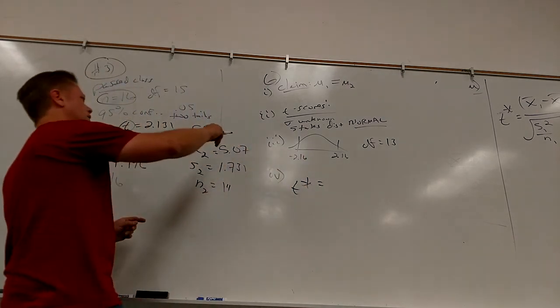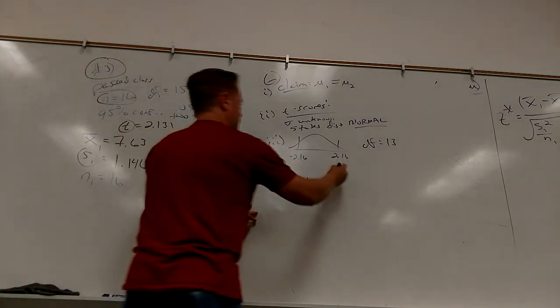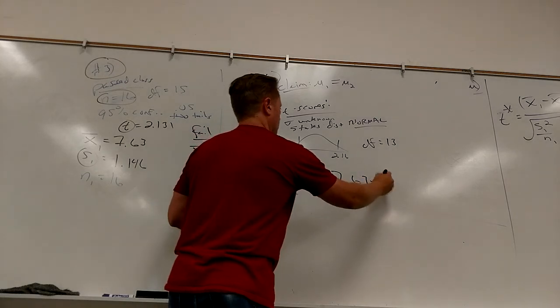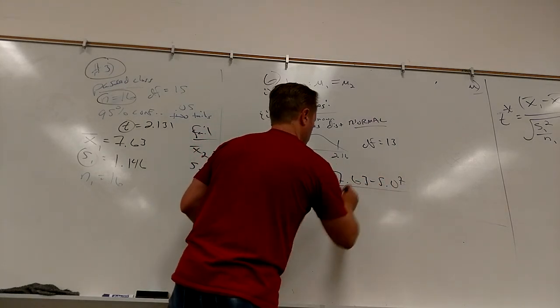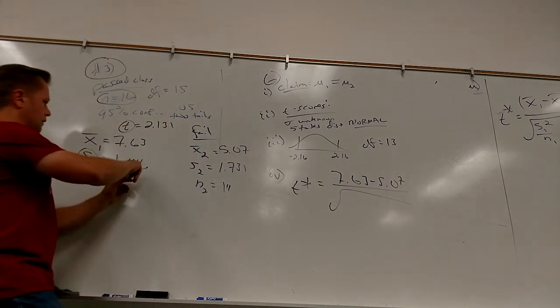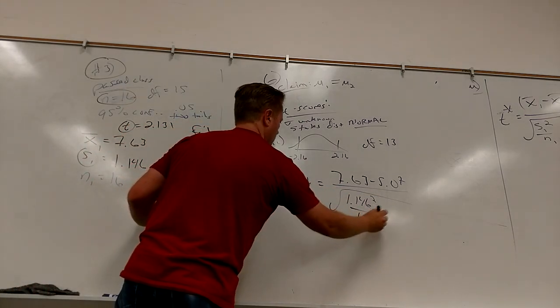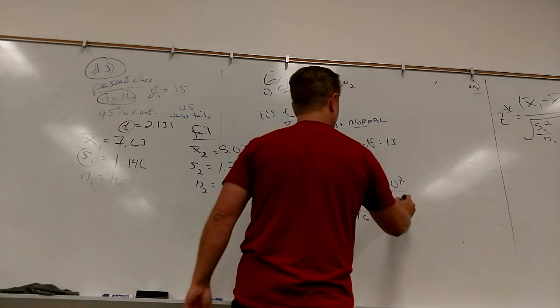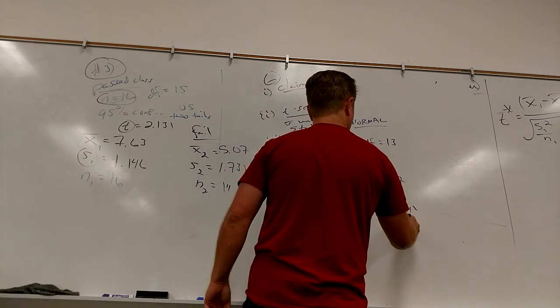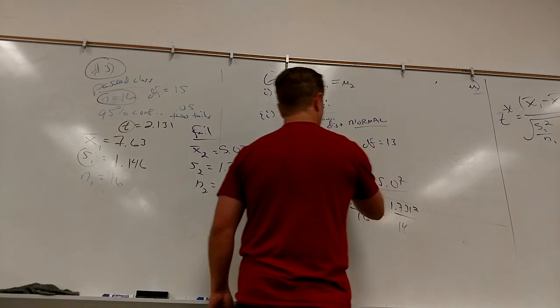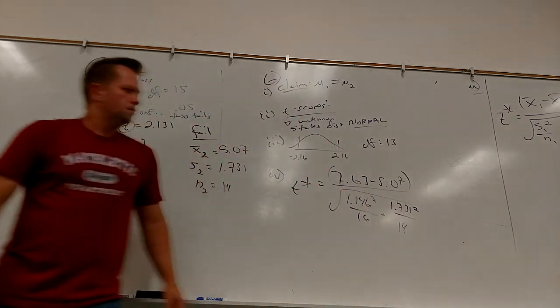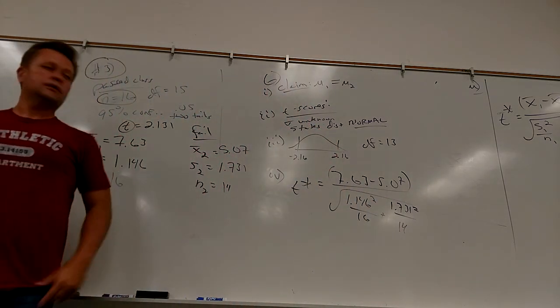So it would be 7.63 minus 5.07, over the square root of. And the big mistake is people forget to square these little dudes down here. It's still a T star.